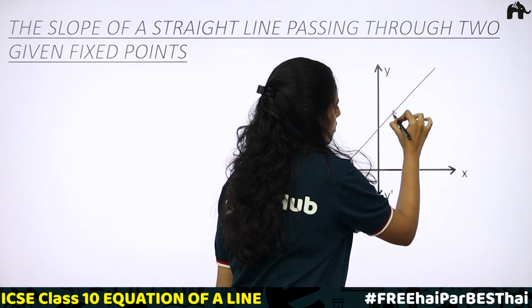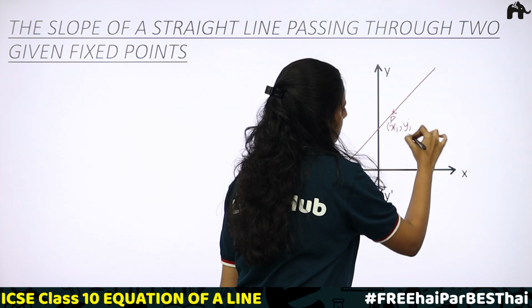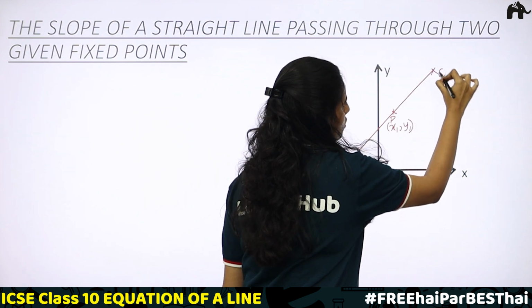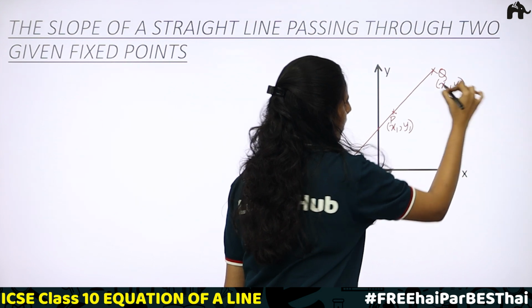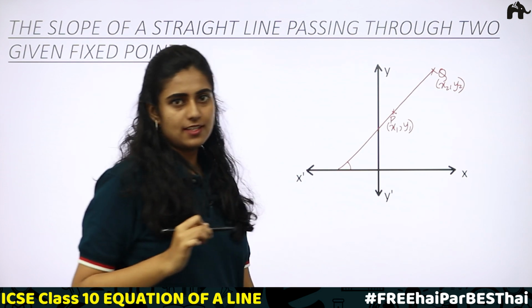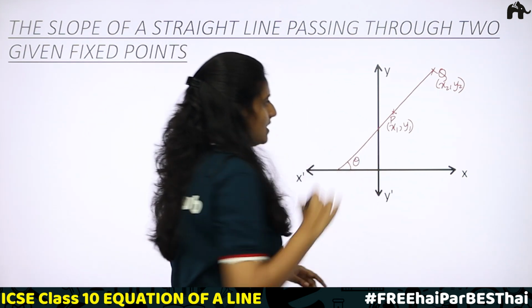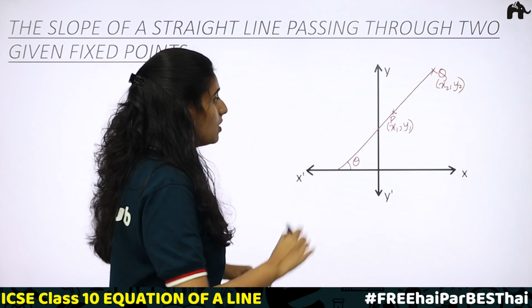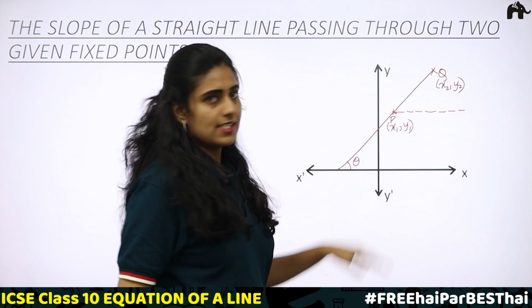This is my first point P with coordinates x1, y1. And this is my second point Q with coordinates x2, y2. Okay. Here we have an angle. What is this angle? This angle is the inclination. Yes. Angle theta. Now, let me take a straight line parallel to the x-axis.